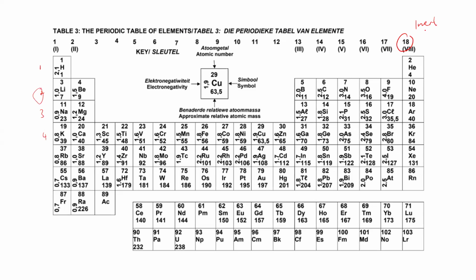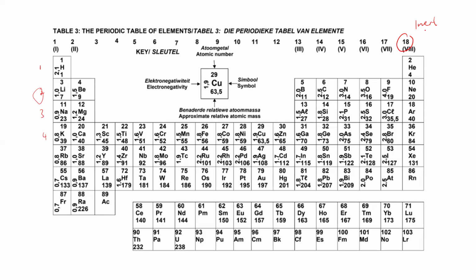All of these elements are unstable, okay? So when all of these elements combine or react with other elements, they will now be stable. How will they be stable? If they are metals, they will donate electrons for them to reach stability.